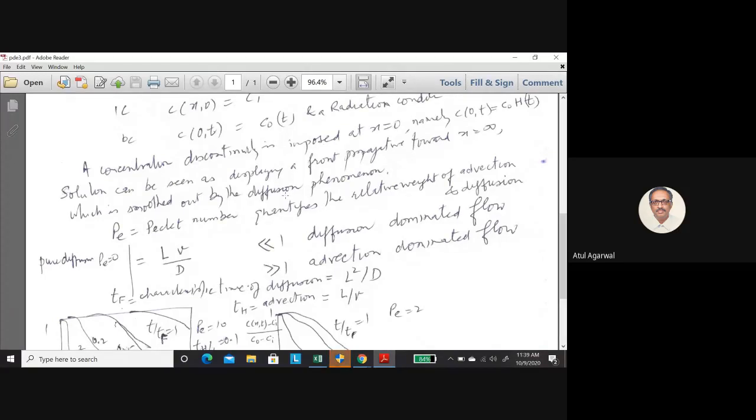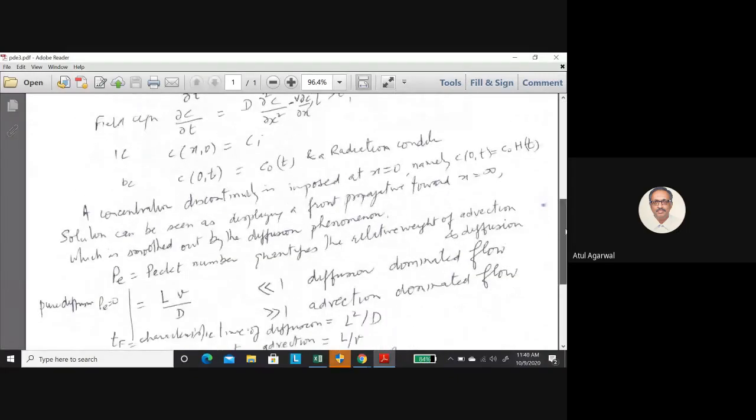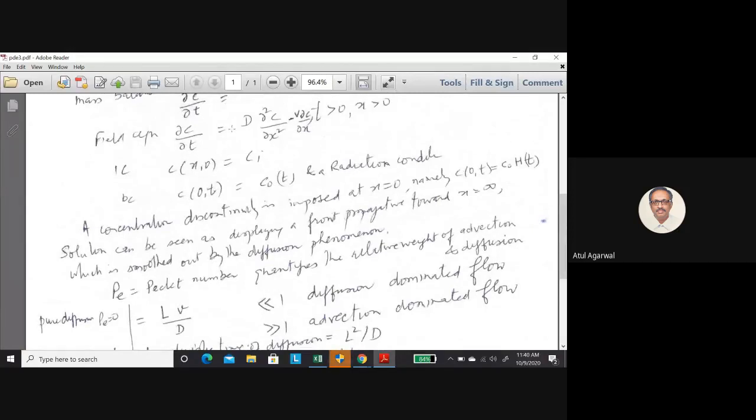You'll find this solution is slightly different from thermal heat conduction, as well as from the wave effects we did in the hyperbolic case. This equation is also of parabolic type.